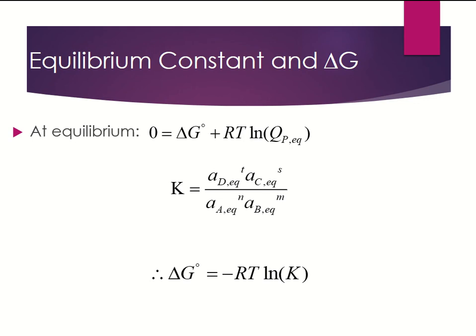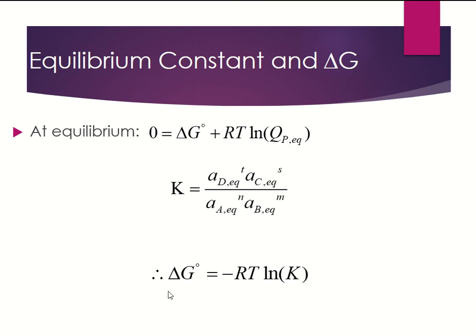And of course we can do that by using tabulated values of the standard Gibbs energies of formation of our reactants and products. So we can use those tabulated values, calculate delta G naught, and then from delta G naught we can calculate the equilibrium constant K.